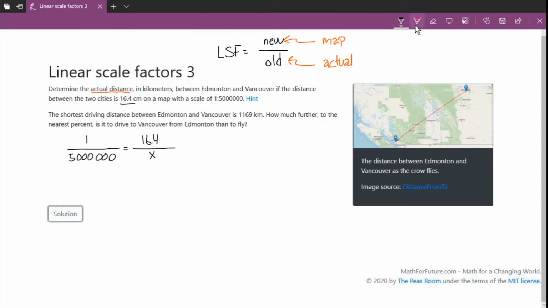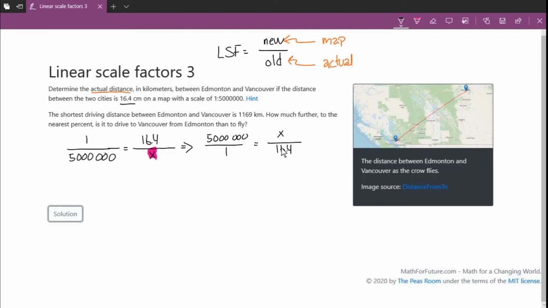Now we're going to solve for the unknown variable x, which is in the denominator here. A little trick we can do is to take the reciprocal of both sides, which means we flip the fractions on both sides, which is 5 million over 1 on the left-hand side, and we end up with x over 16.4 on the right-hand side.